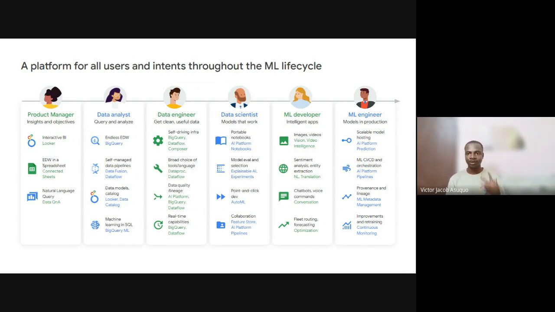You can use things like interactive Power BI, Looker, spreadsheets with connected sheets, natural language query, and data question and answer. These are just a few tools you can use as a product manager.